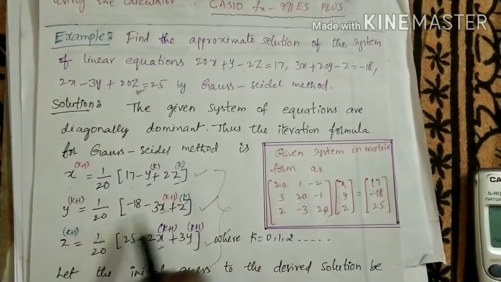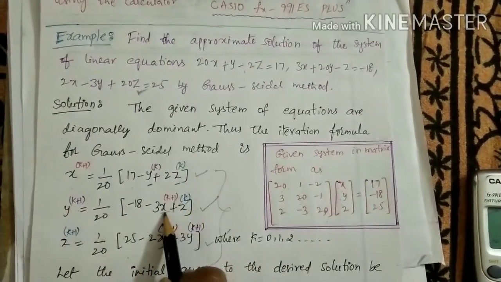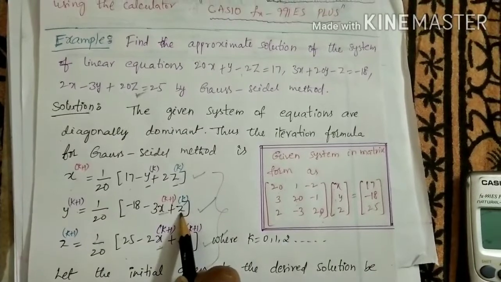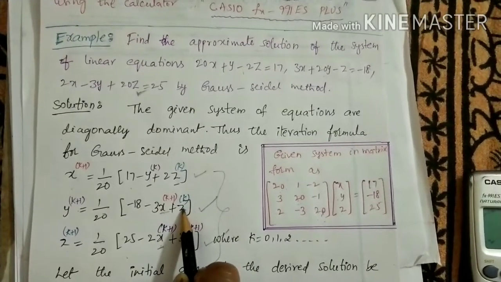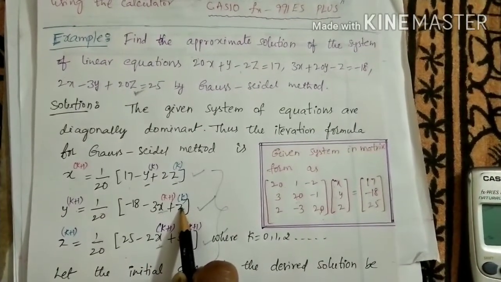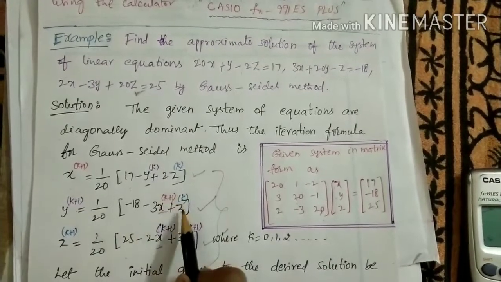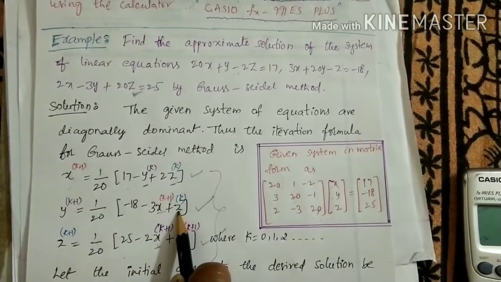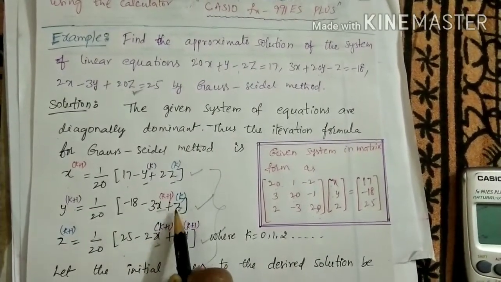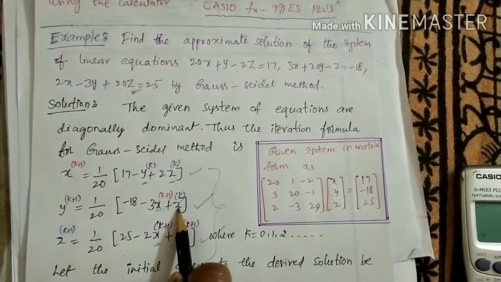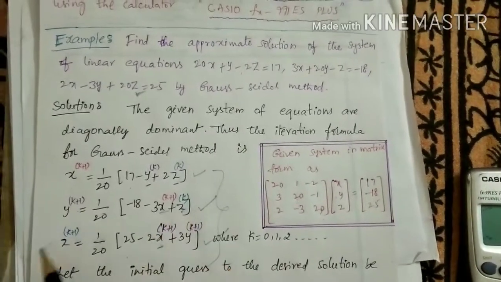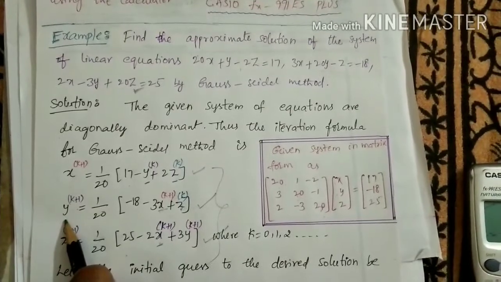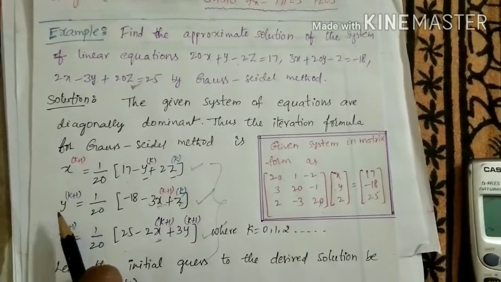In the second equation we can see that apart from x there is z. For z no improved value will be available, so the initial guess which is taken is to be used. Then using x and z values here, the first iteration of y can be obtained.